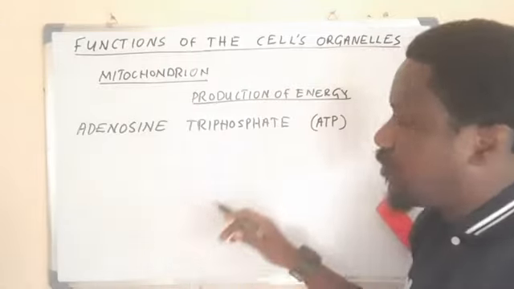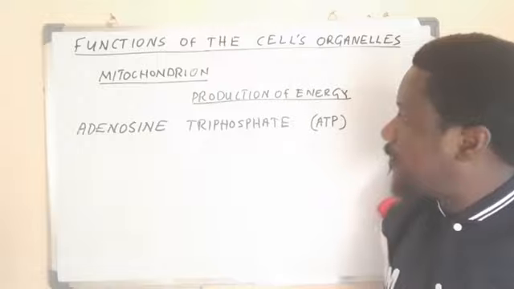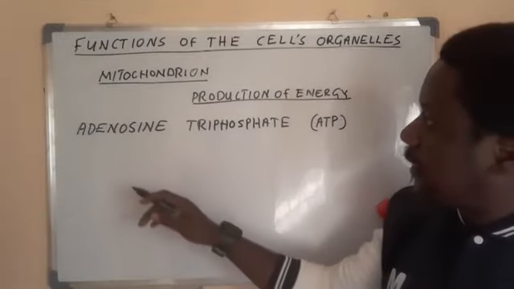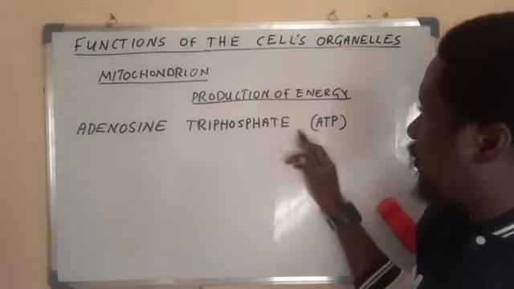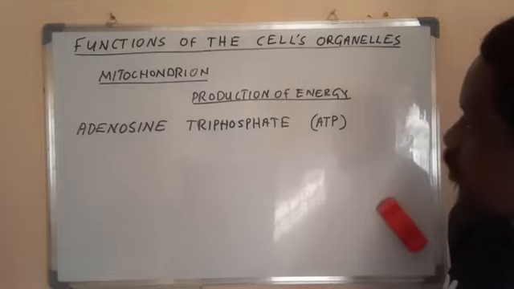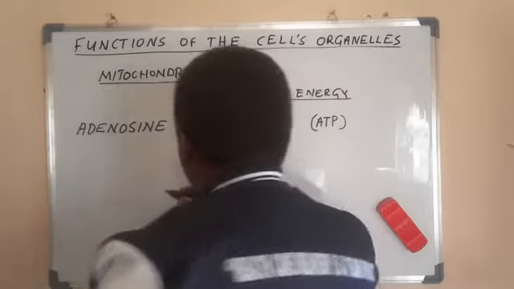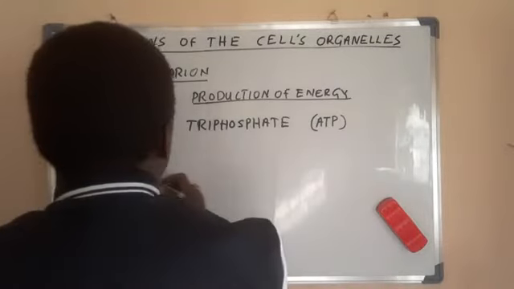So for energy to be produced in the cell, definitely an adenosine triphosphate must be synthesized, and the enzyme responsible for the synthesis of this ATP is ATP synthase.